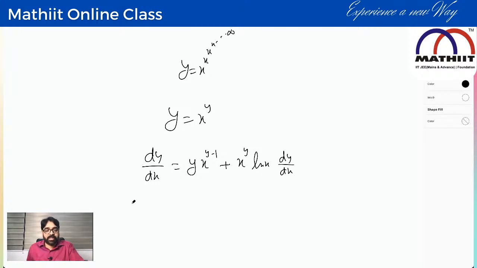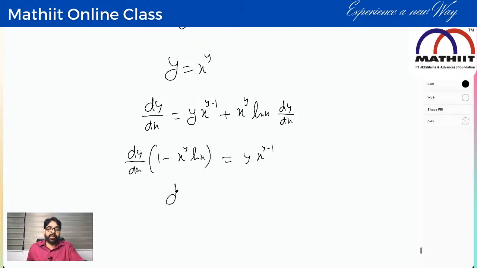Shifting dy by dx to one side, dy by dx into 1 minus x power y ln x is equal to y into x power y minus 1. So your dy by dx will be equal to y into x power y minus 1 divided by 1 minus x power y ln x. This will be your answer.